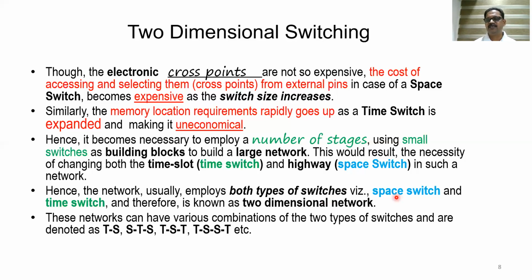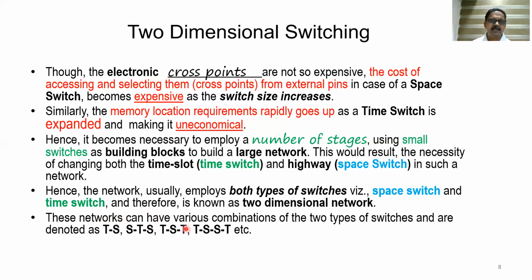So we use space switch and time switch, and therefore it is known as a two-dimensional switch. Since we are deploying both space switch stage and time switch stage, we call the network a two-dimensional network, space dimension and time dimension.